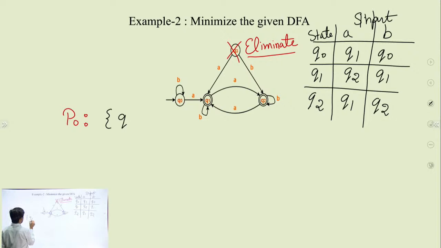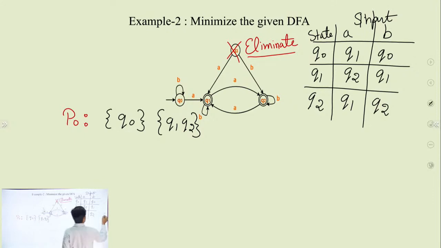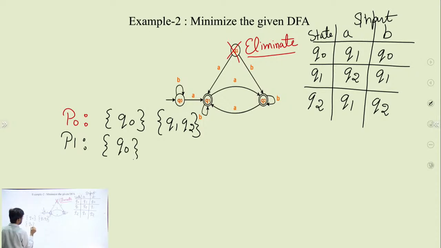One set is Q node, and the second set is the final states, Q1 and Q2, which we write combined. So this is the 0 equivalence class. Now let us see the 1 equivalence class. Q node is only one state, so there is no need of partitioning.